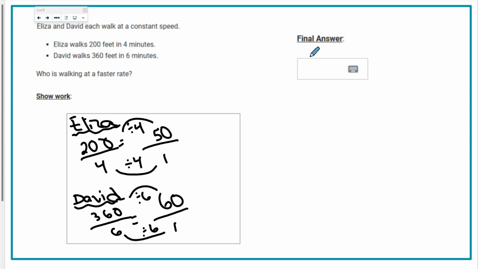So who is walking faster here? That would be David, because he's walking 10 more feet in that 1 minute. So our final answer would be David. All right, let's keep going.